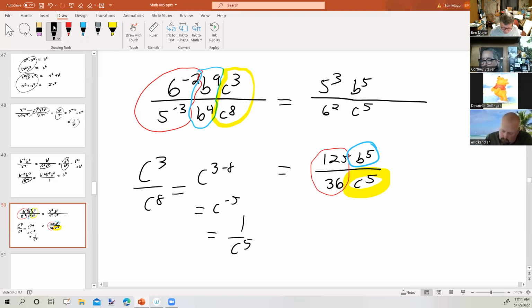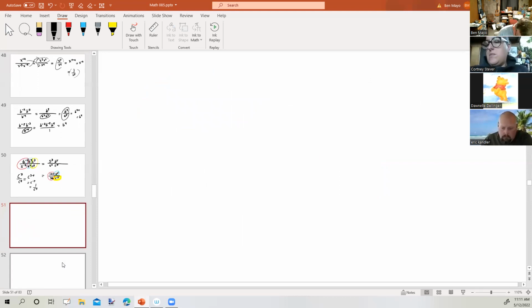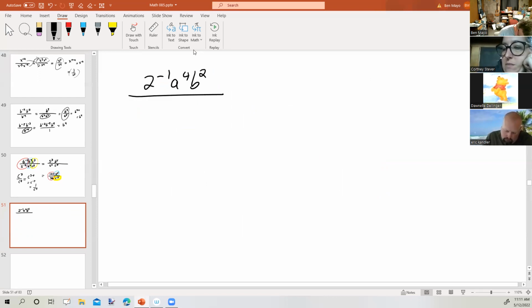Can you do another one? What's that? Can you do one more? Sure, you betcha. Let's see here. 2 to the negative 1, a to the 4th b squared over 3 to the negative 2, a squared b to the 4th.